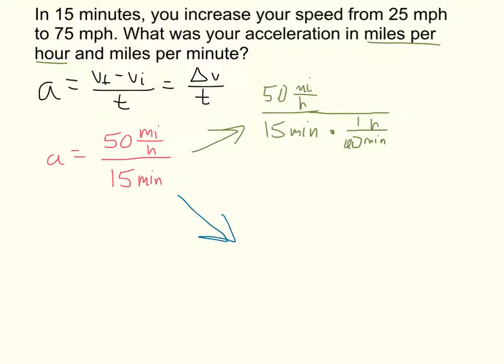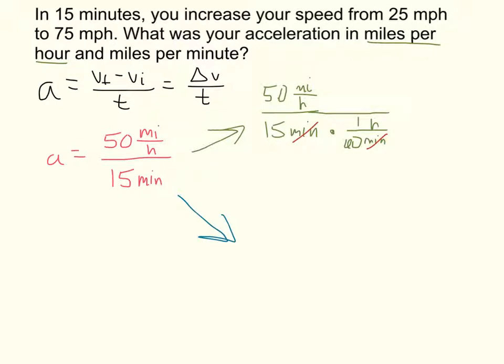Now, as a result, we're going to end up canceling out these minutes. Now all we have left are miles per hour over hours. And that's an important part of the problem as well because that kind of leads us to our answer when it comes to the units given in acceleration. So what I'm going to do now, I'm going to calculate this.